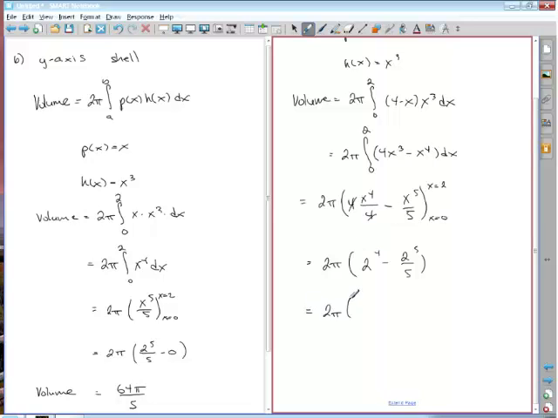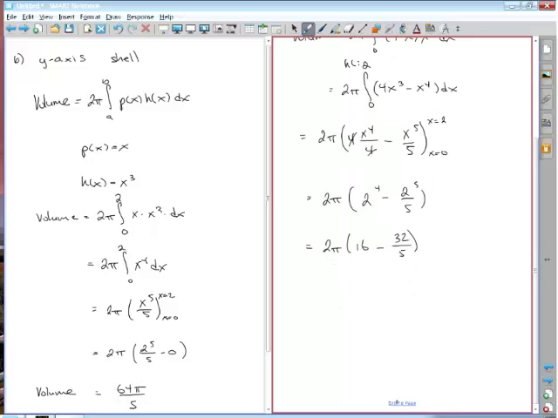So 2 to the 4th is 16, 2 to the 5th is 32. To find the common denominator 5, we'll multiply this by 5, which will give us 80 fifths, minus 32 fifths, and that's 48 fifths, times 2 is 96. So we'll get 96 pi over 5.